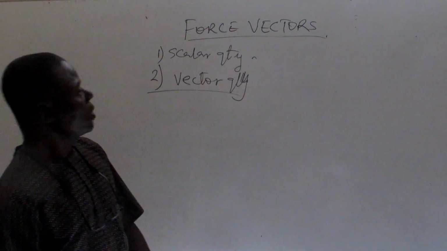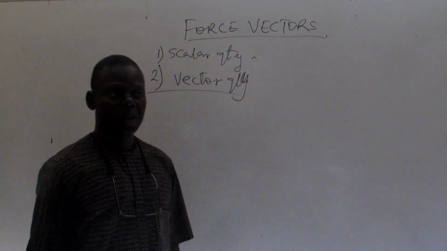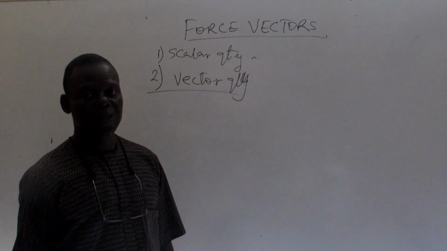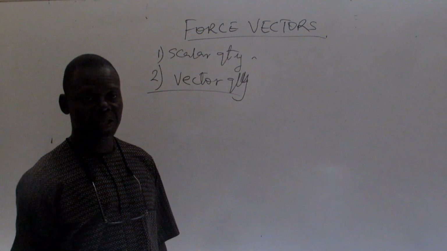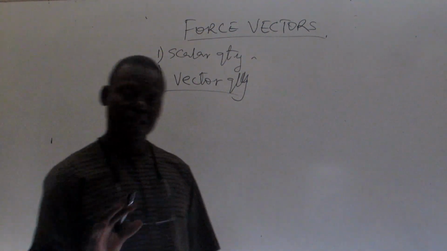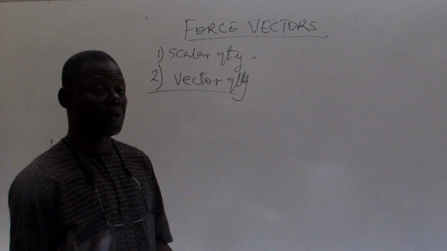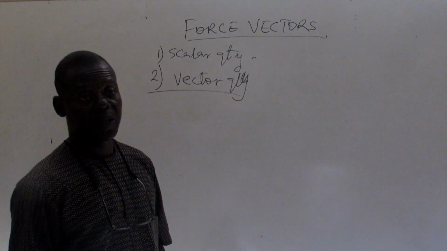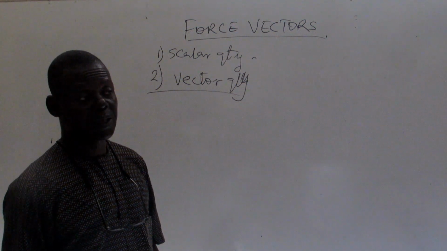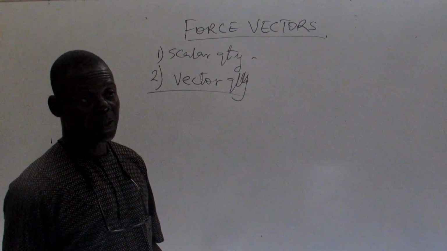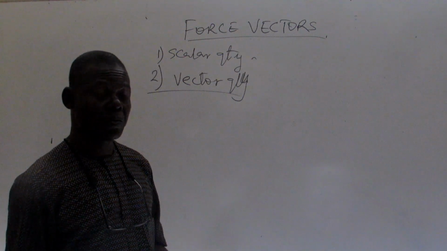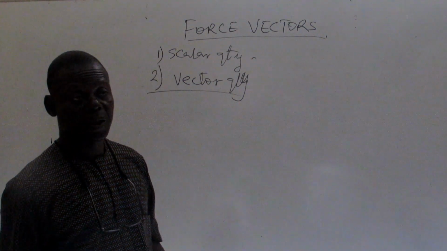And what are scalar quantities? These are quantities that have just magnitude. They have just magnitude but no direction. That is, they have a sense of simply a number without direction. Example is mass. It has magnitude but no direction.